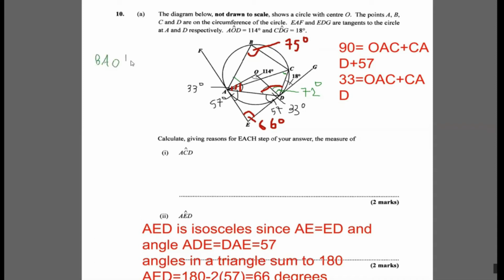So I know that angle BAO plus angle OAD plus angle BCD, those three must equal 180, because opposite angles in a cyclic quad sum to 180.